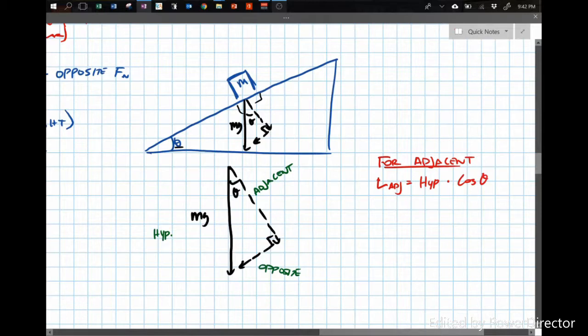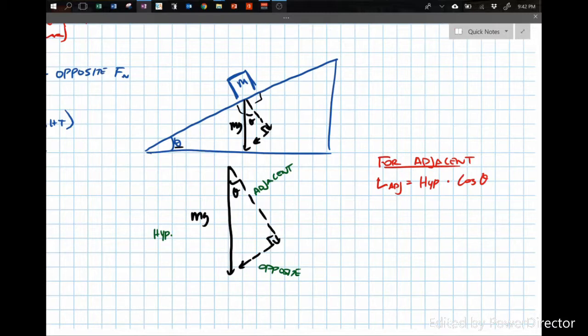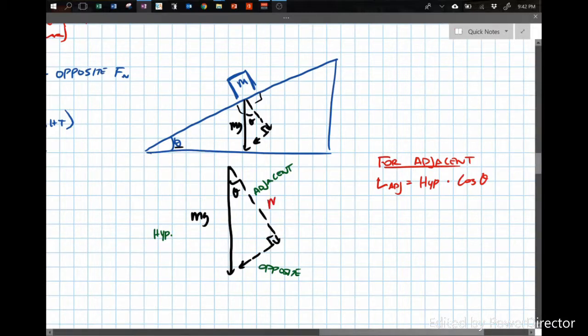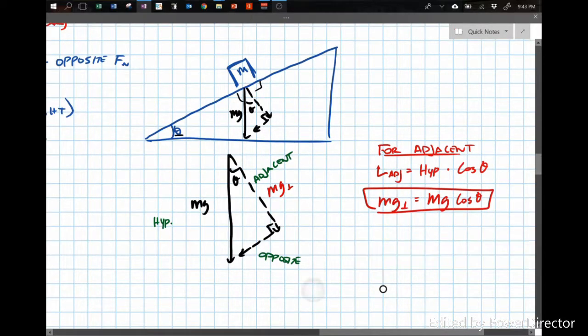So this part of the weight, mg perpendicular, is equal to the hypotenuse, mg, times the cosine of this angle. That's how I find that part of the weight. Mg cosine theta is only a part of the weight.